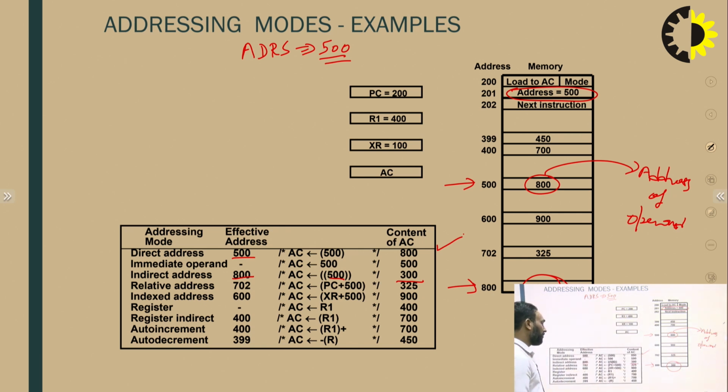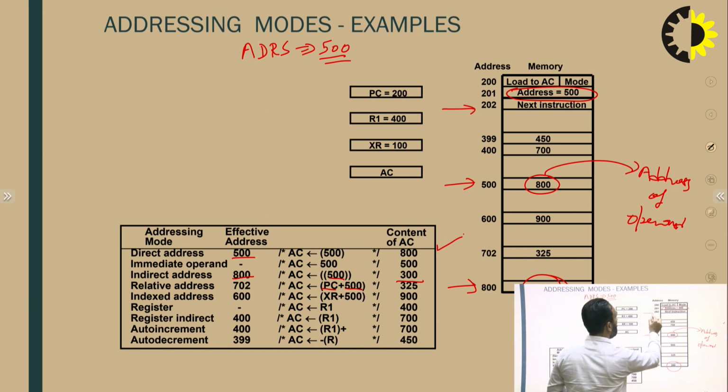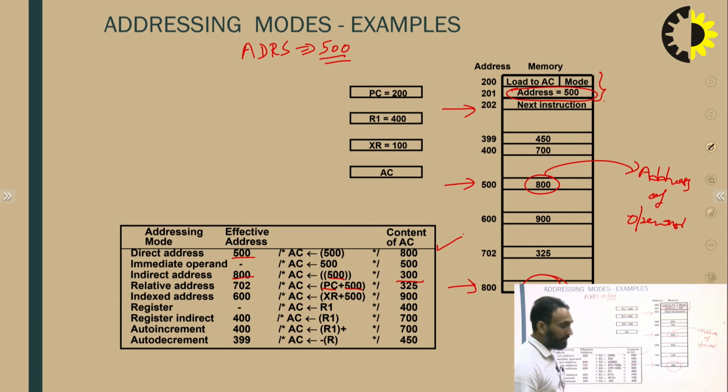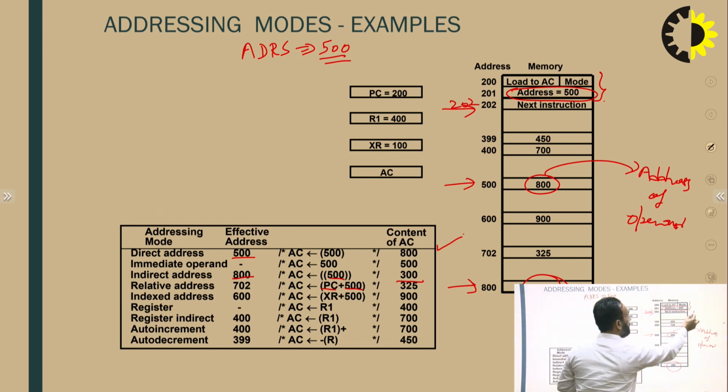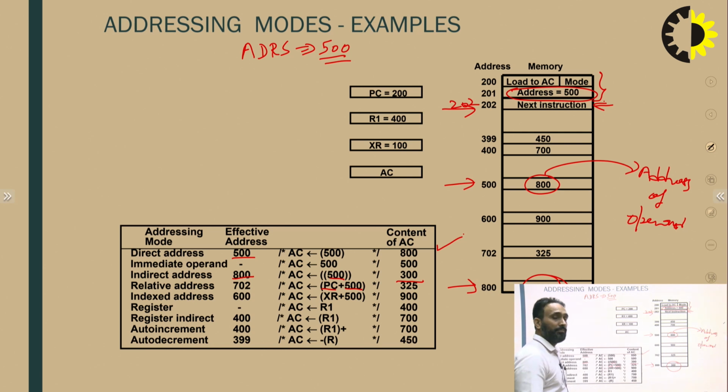In relative addressing mode, I told in the previous slide that it is PC plus ADRS. What is PC? That will be defined in a numerical, or if we talk about the addressing mode, that represents the current instruction. So the value of the next instruction points to 202. These first two addresses are used to store the address and load to accumulator and define their mode. So the value of PC will be 202, where the next instruction is mentioned in a stack.